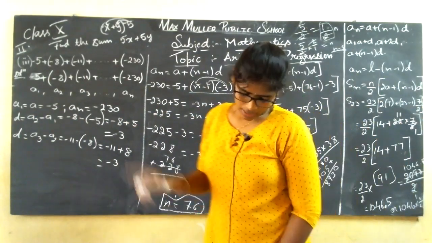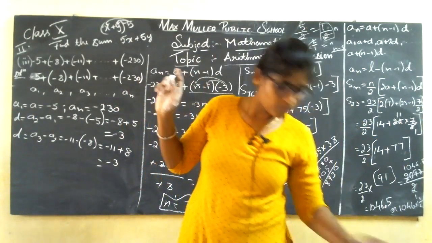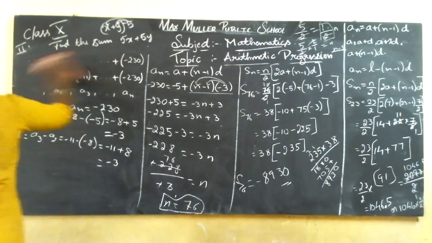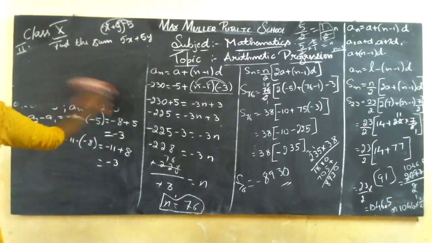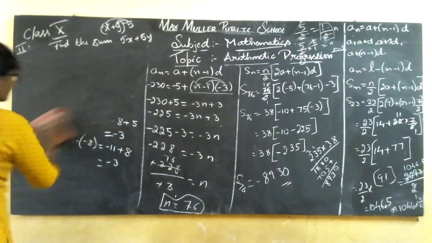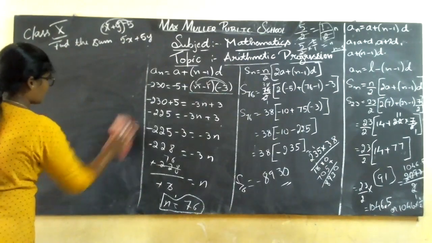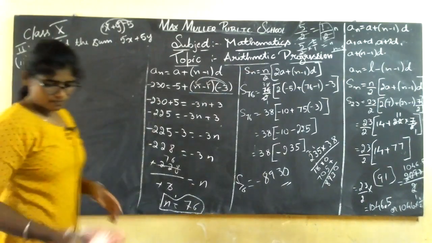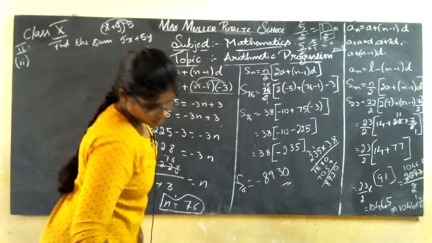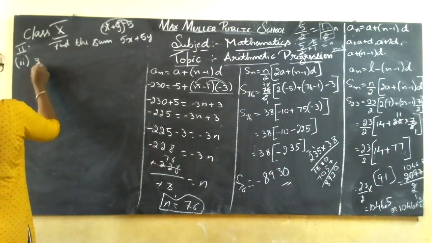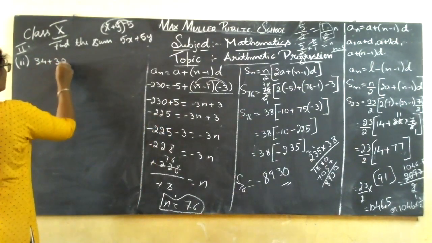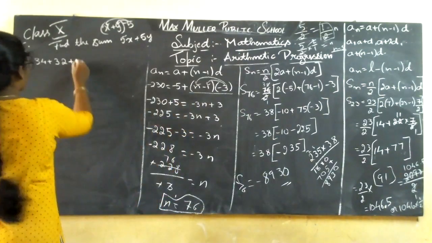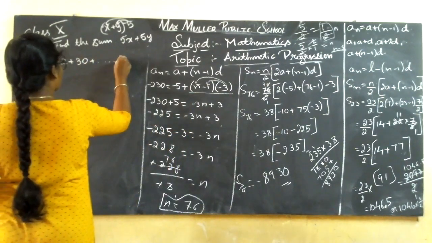So, let me write this homework problem on the board and let me go to the third main. Okay. So in the second main, the homework problem is 34 plus 32 plus 30 plus, it goes on up to 10.